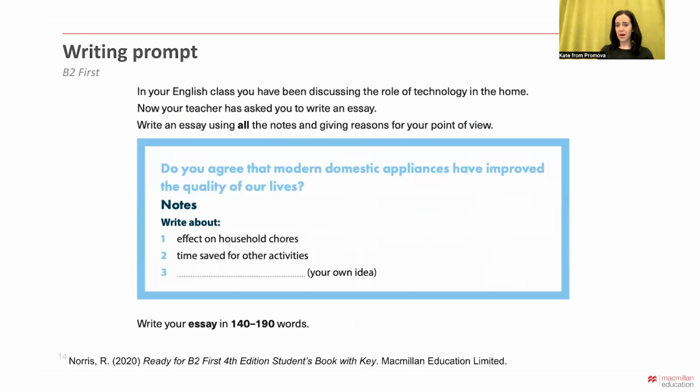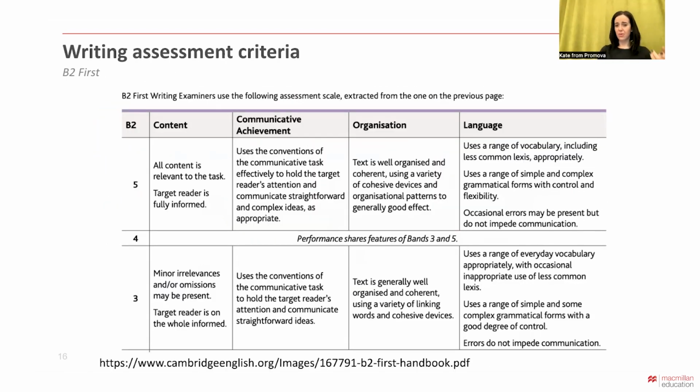If we look back at the task, the modern domestic appliances which improve the quality of our lives, we need to talk about the effect on household chores, time saved for other activities, and our own idea. If we cover all 3, that would most probably be a 5, whereas if we omit our own idea, the grade will be lower because there is an omission, as you can see.